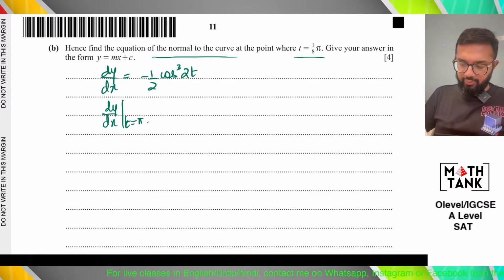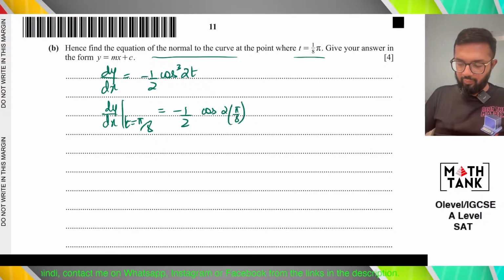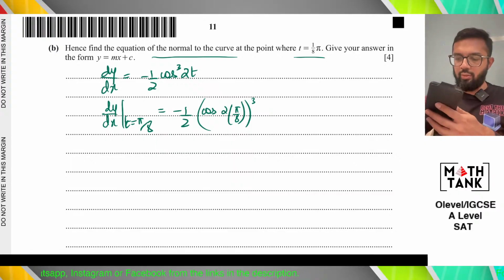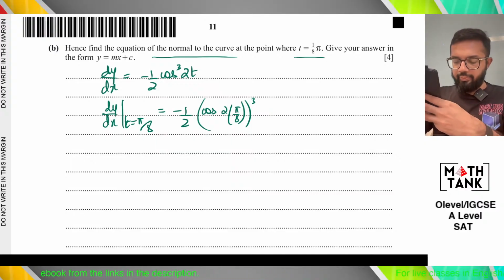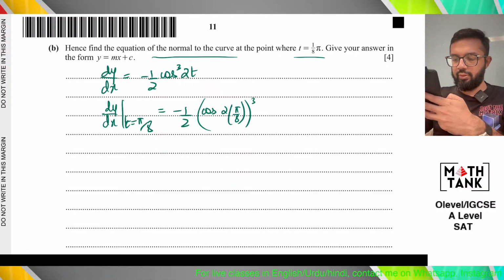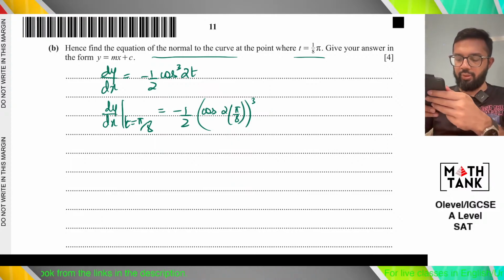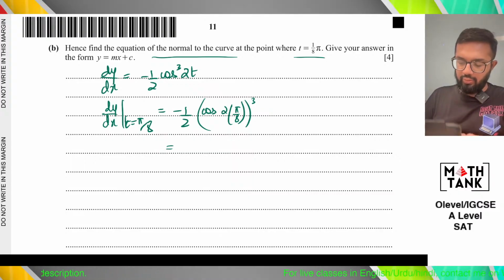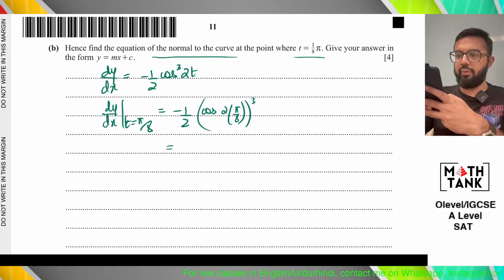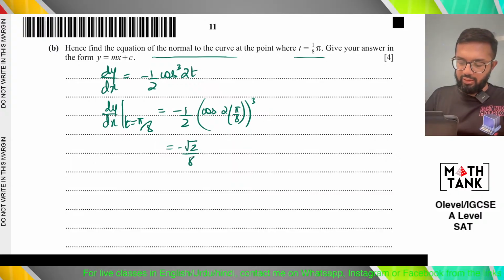At t equals pi over 8, minus 0.5 minus root 2 over 8.